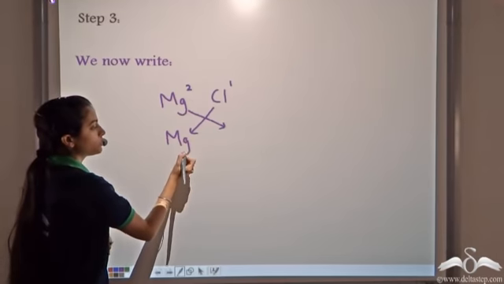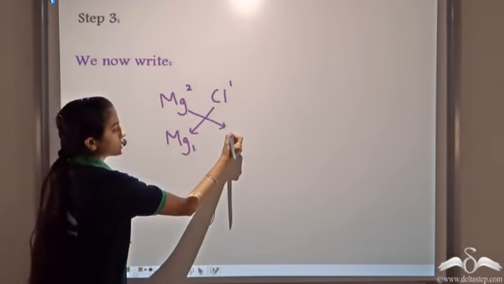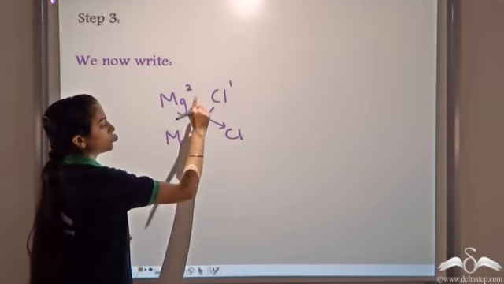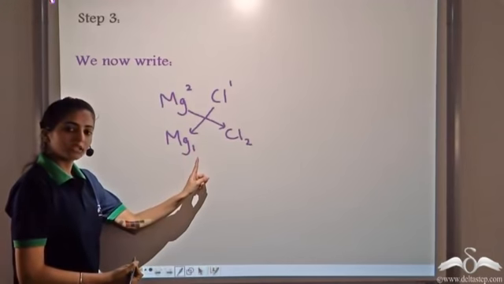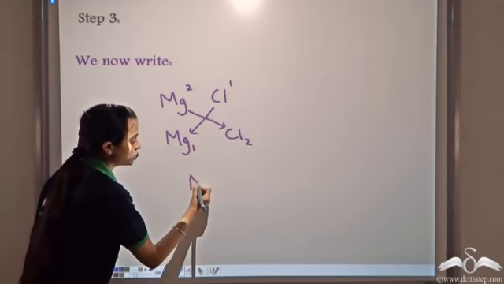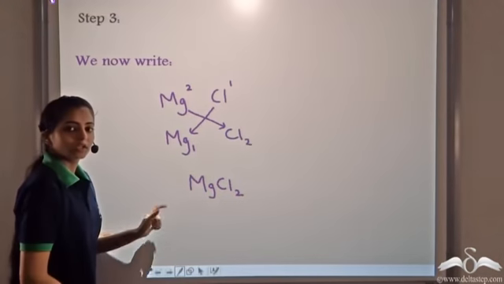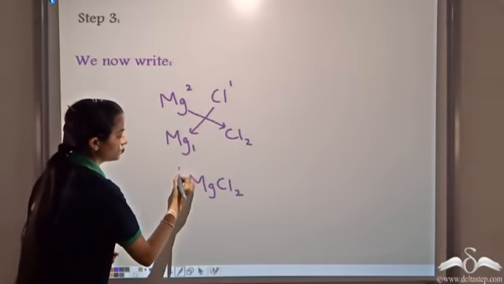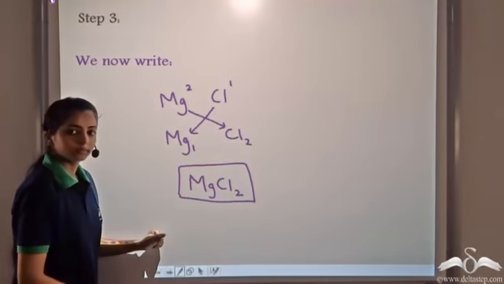Make the superscript as subscript. And in this case, make the superscript as subscript. So now we can ignore this number 1. So we get MgCl2. So this is the chemical formula of the compound formed by magnesium and chlorine.